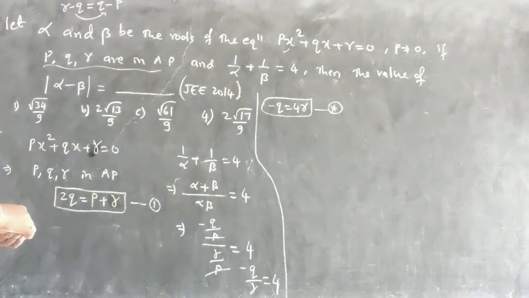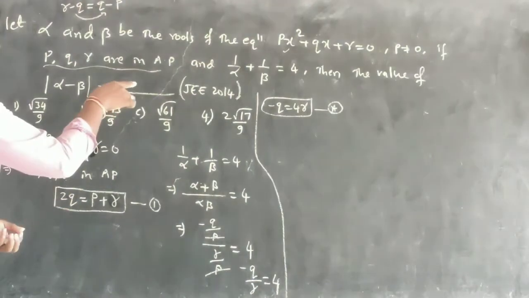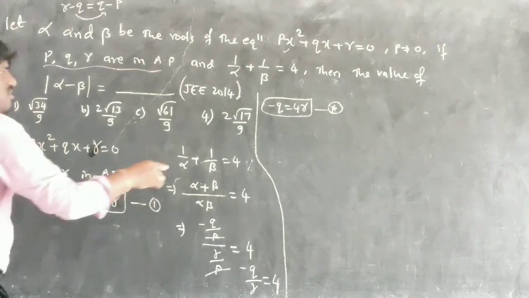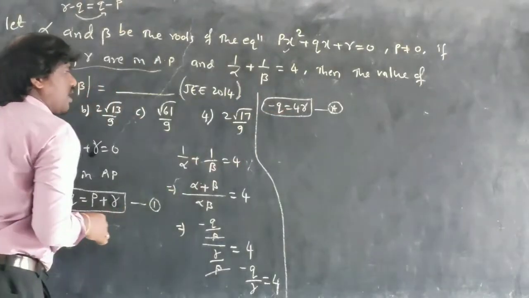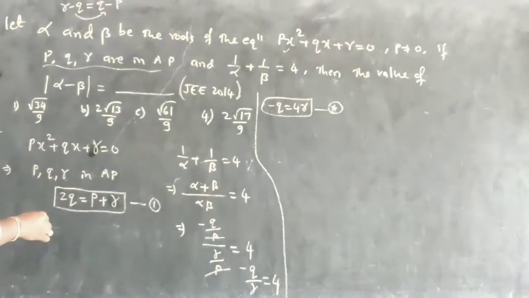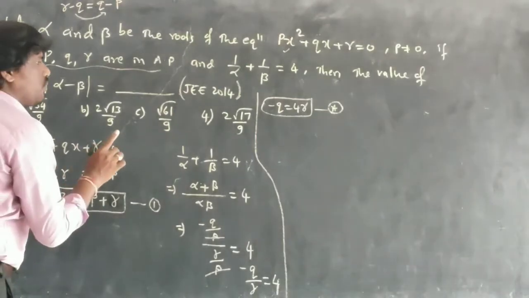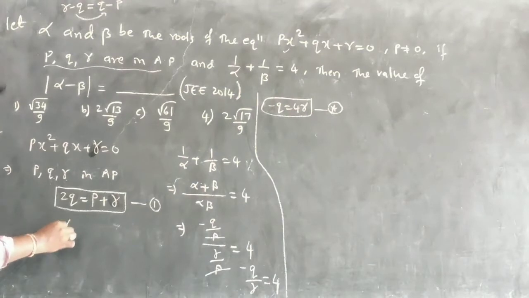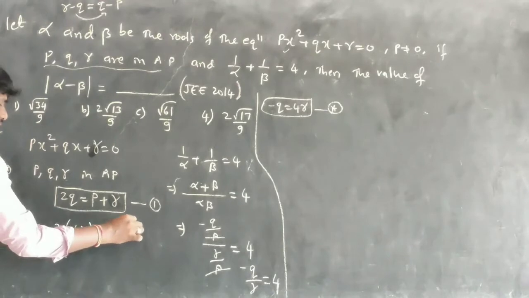Now I can substitute that minus q value here to get another result. In the place of minus q I can keep 4r. So if I put q as minus 4r, I get 2 times minus 4r is equal to p plus r.